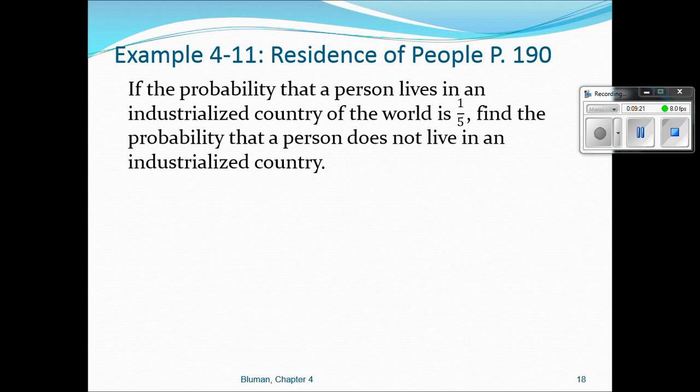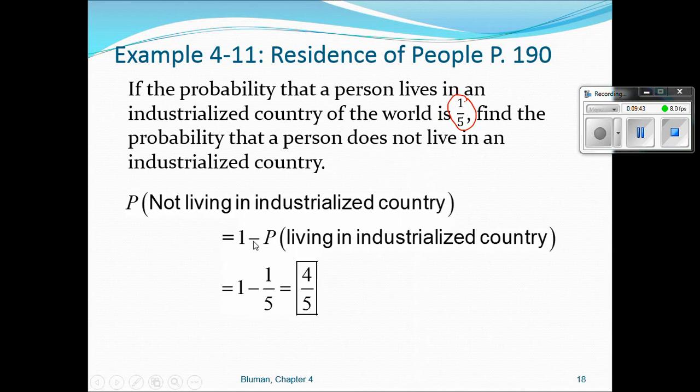You could try to count every person that does not live in an industrialized country. But if you already know how many people do live in one, which is 1/5, it's way easier to just take 1 minus the complement.